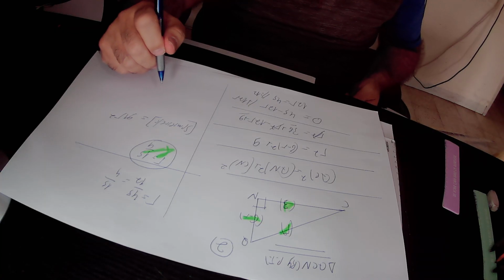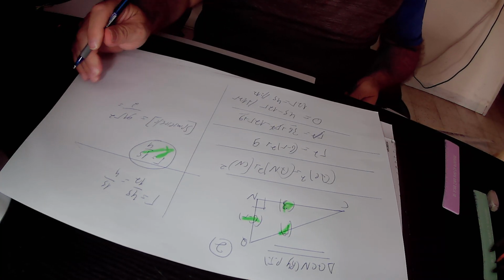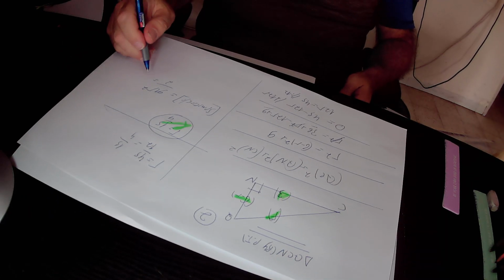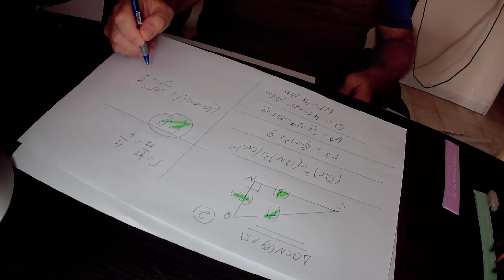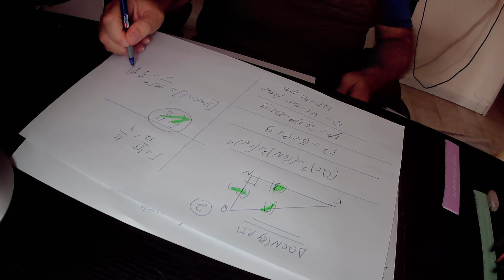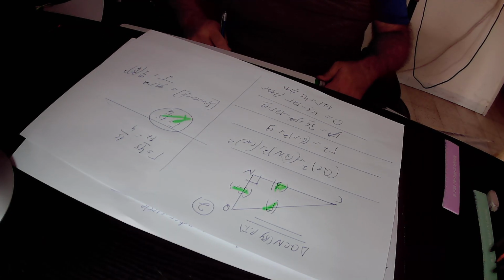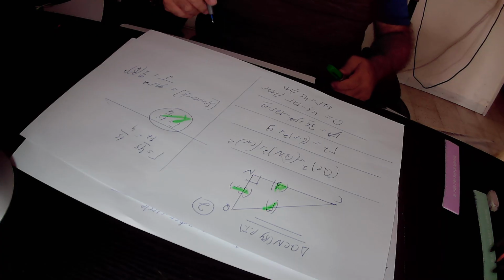Therefore, the area of the semicircle is equal to pi r squared over 2. So in total, the area of the semicircle equals pi over 2 times r squared. R is 15 over 4, therefore r squared is (15 over 4) squared. So the area of the semicircle equals pi over 2 times (15 over 4) squared.